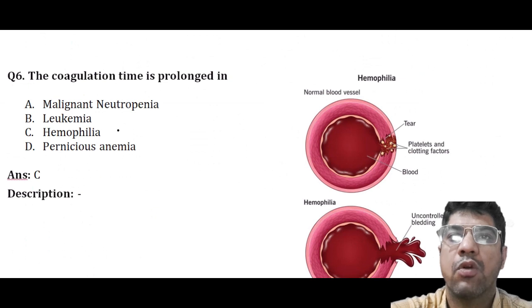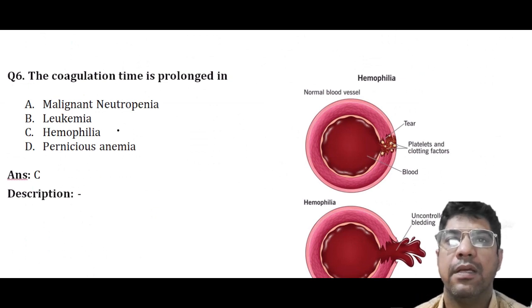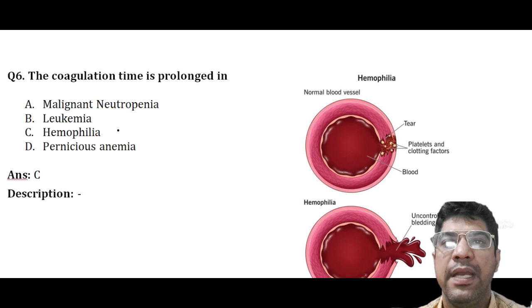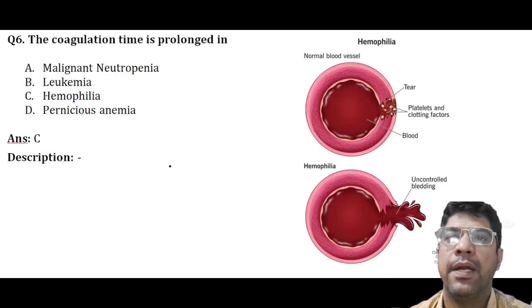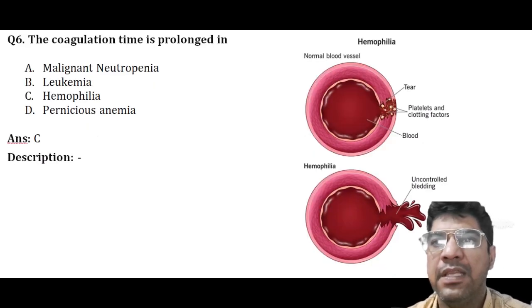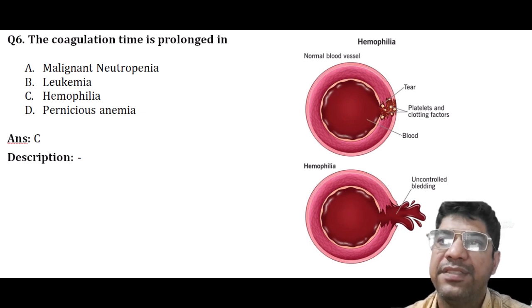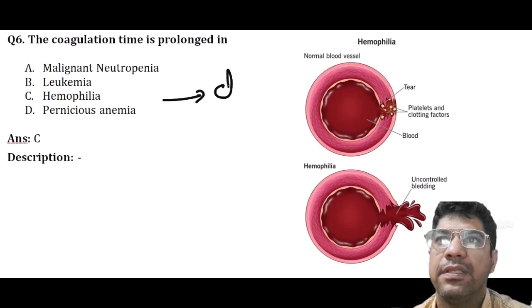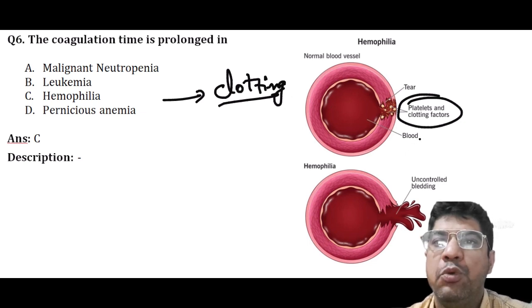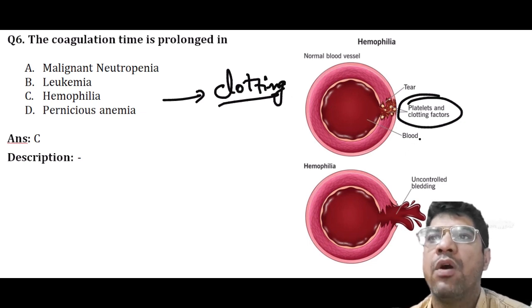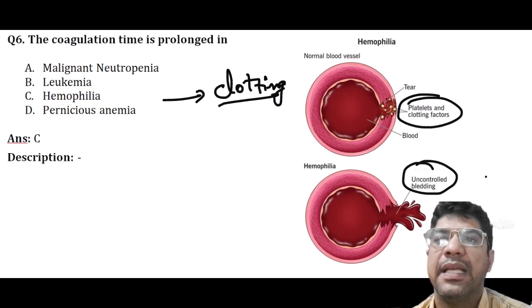Coming to the next question, the coagulation time is prolonged in hemophilia. Hemophilia, we know, is a genetic disorder that affects blood clotting. People with hemophilia have a deficiency of certain proteins known as clotting factors, and have a tendency to bleed excessively even from minor injuries.